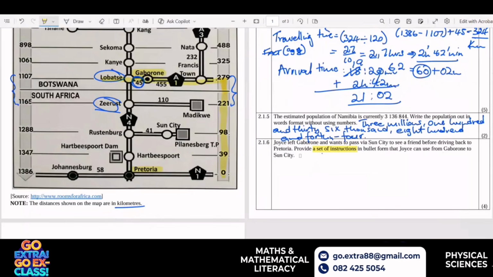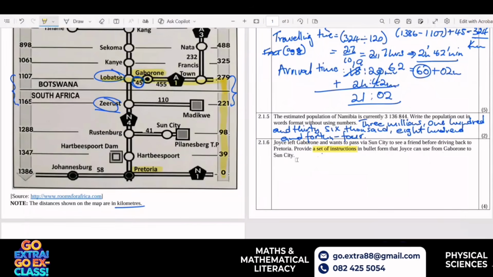They're not looking for instruction that you need to wear your seat belt, because they're looking for fun, and then you don't drink and drive. Yes, those are good. Those are the rules that you need to keep when you're driving, 100%. But the set of instruction that they're looking for here are the directions, which direction that they need to take from Gaborone to Sun City. That's what they're looking for, right?